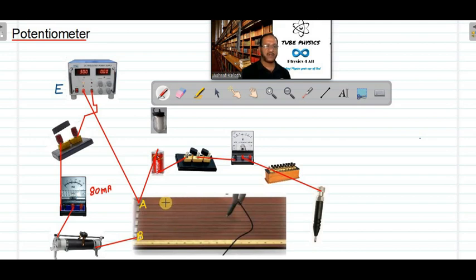Okay, always when we are doing the experiment, you need to adjust the ammeter reading in such a way that the balancing point should not come very close to the two ends A and B. It should be well inside, not very close to the point A or very close to the point B. If you are taking readings like that, you won't get the balancing point, and also there will be more error in the calculation. So always try to keep the balancing point away from the point A and B.